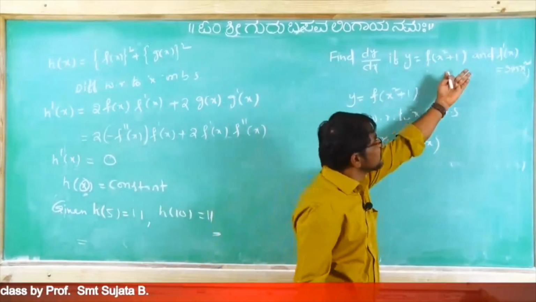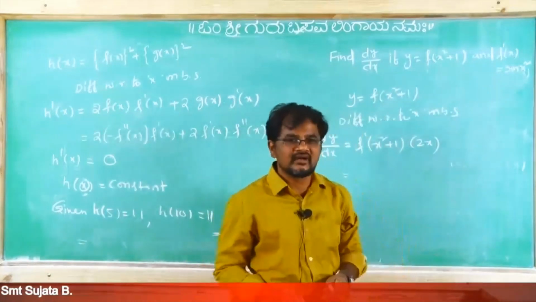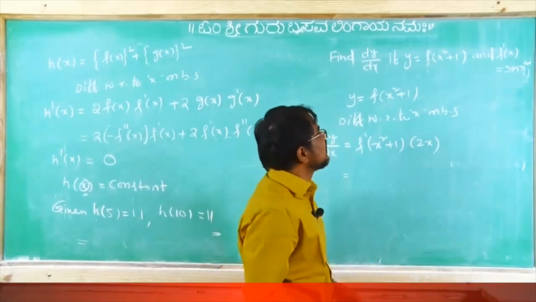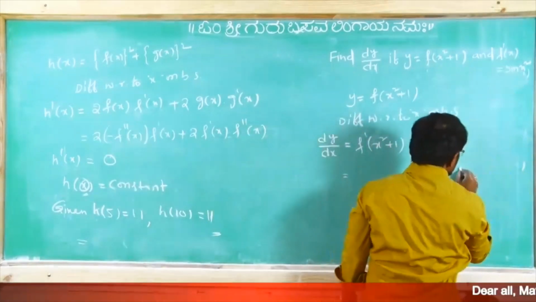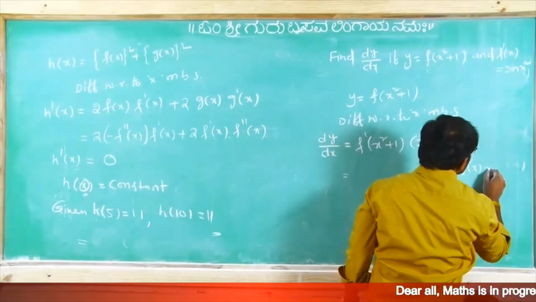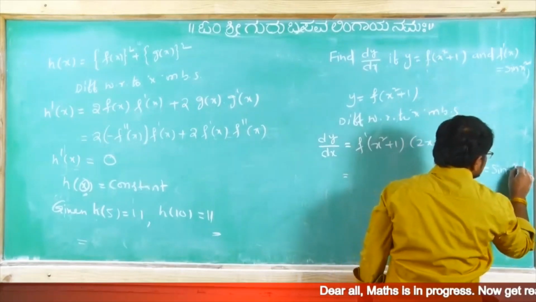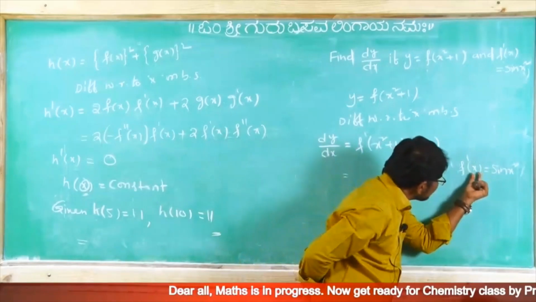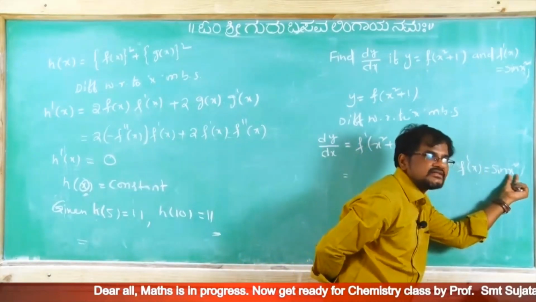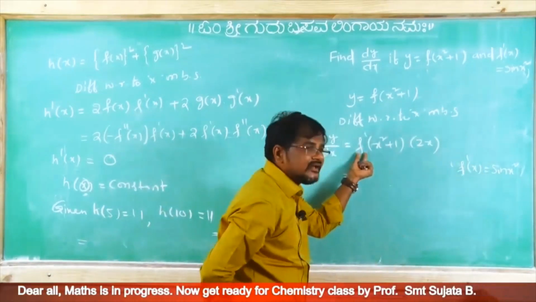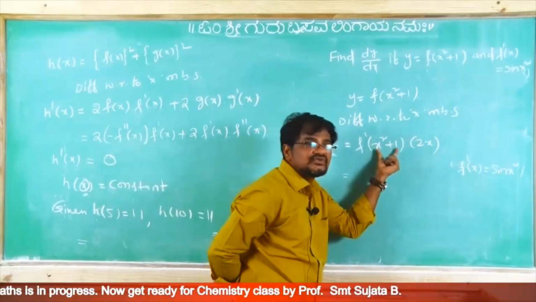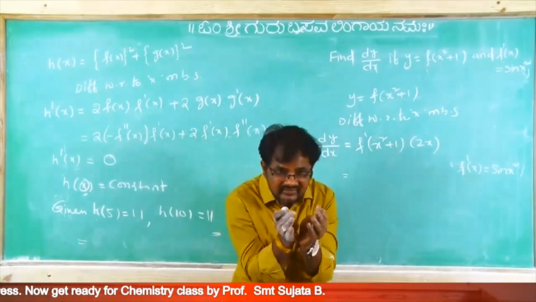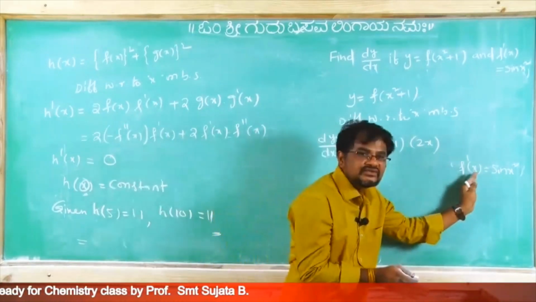Now this is our answer, but according to the given values, we have to simplify it. What is the value of f dash of x? Here given f dash of x equal to sin x square. This is simple once you observe. Whenever x is there, here also x. But here we have f dash of x square plus 1, which means in place of x, we have x square plus 1.